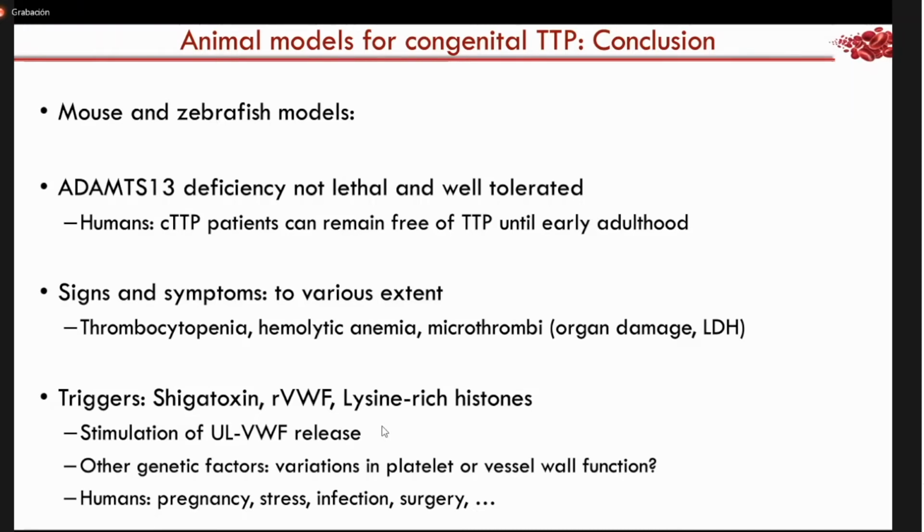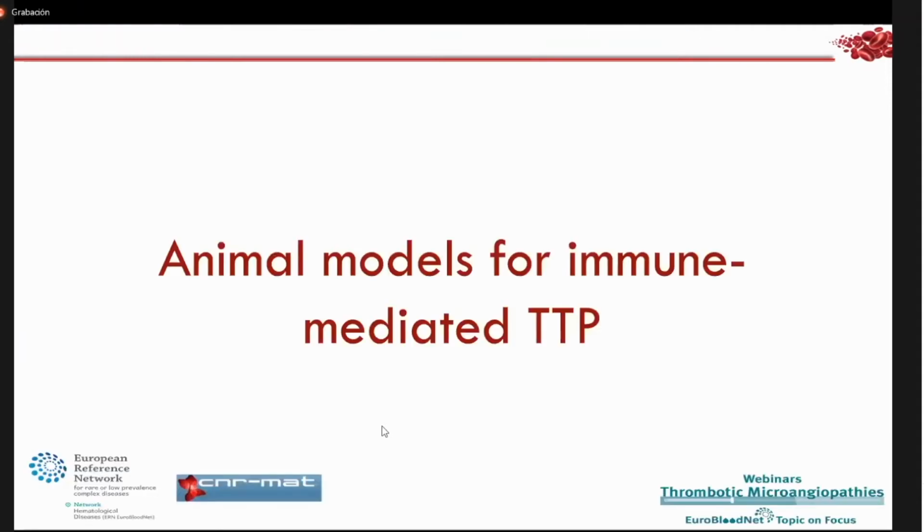These increases in ultra-large VWF probably help to set in TTP episodes, but other genetic factors will probably also play a role, like variations in platelet and vessel wall function. And the triggers in humans I have discussed before. Then we go to the animal models for immune-mediated TTP.